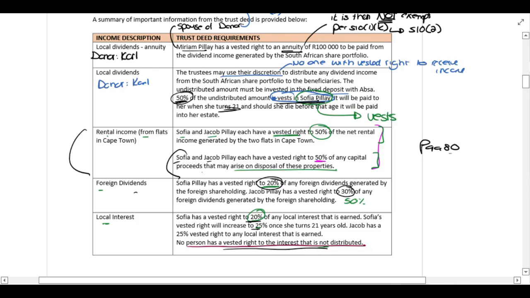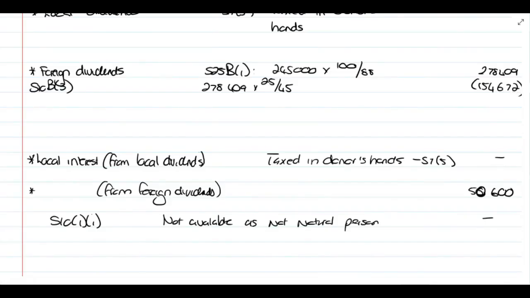So Sophia's share will be taxed in Sophia's hands, or in the donor's hands if there was a donor. Remember, it goes to Sophia, and then you say, is she a minor? Yes, her father donated it, therefore her father gets taxed. Remember, there's the same type of Section 7 rules, but also in the 8th Schedule. Just reminding you, not applicable here. Okay, paragraph 80. And then the part of Jacob will be taxed in the hands of the trust.